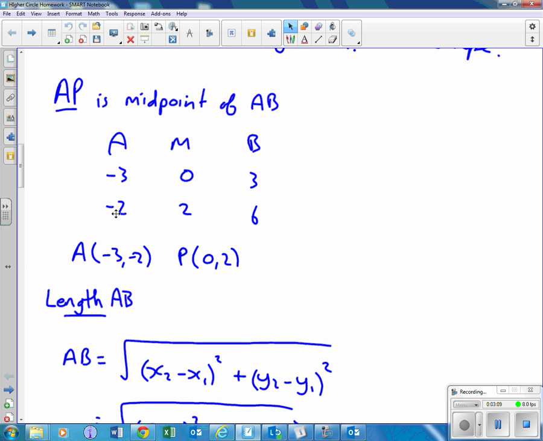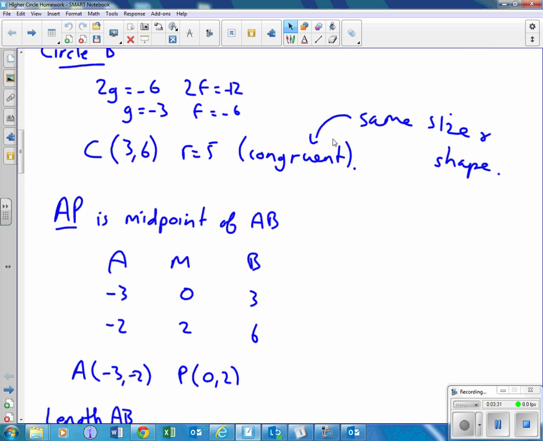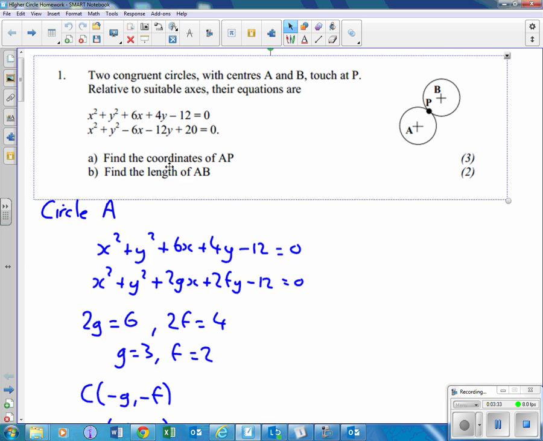So A is negative 3, negative 2, B is at 3, 6. The midpoint of the x coordinate would be right in the middle of negative 3 and 3, which is 0. The y coordinate of P would be the midpoint of the y coordinates of A and B. In the middle of negative 2 and 6 we have 2. So the midpoint P is 0, 2. I've also written down A again, just not really sure what they're asking in the question there.